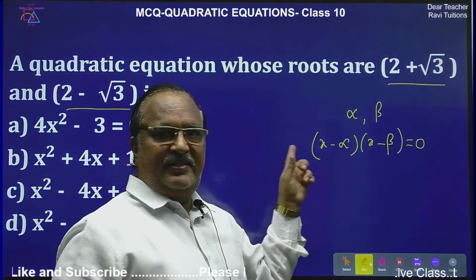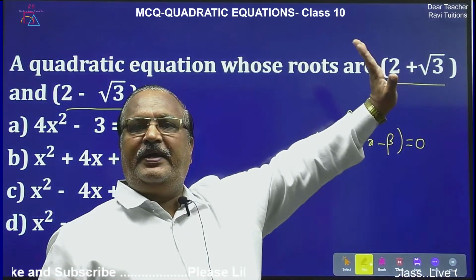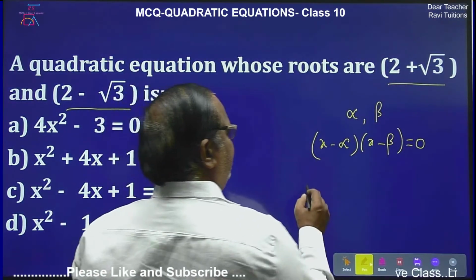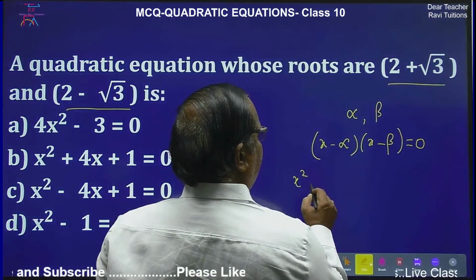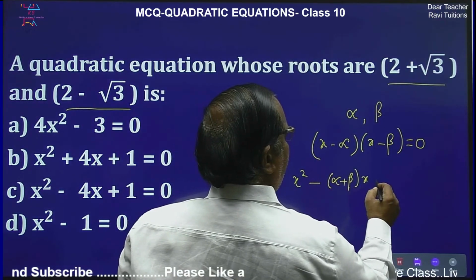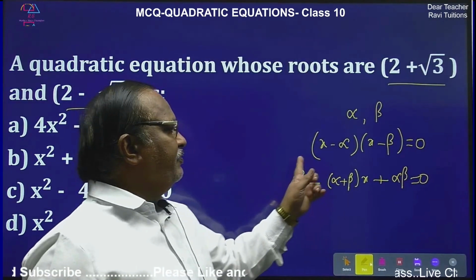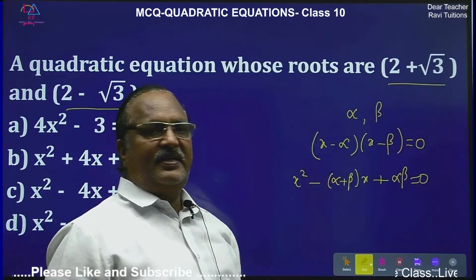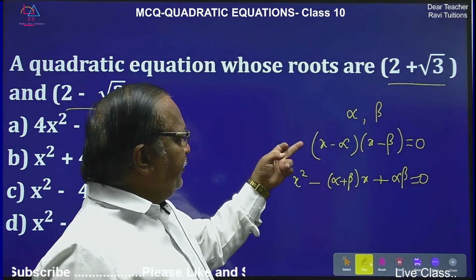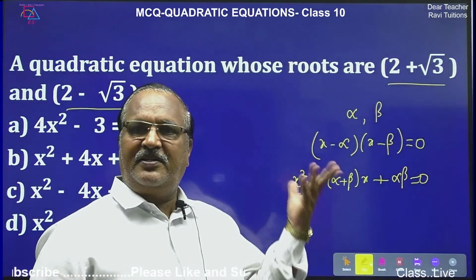This is the equation. So now solve it and you will be getting the answer. Otherwise, you can have one more thing, x square minus (alpha plus beta)x plus alpha beta is equal to 0. That means if you multiply this, you will get this answer. So either you use this or use this, then your answer will be there.